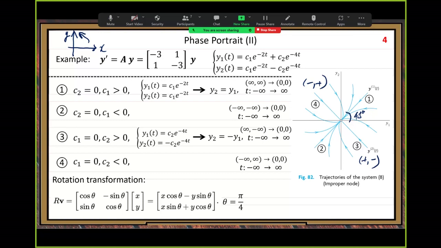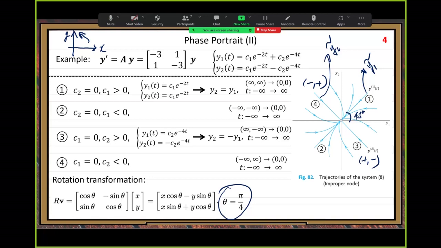Here you can see this line is the y1 tilde axis and this one is the y2 tilde axis. So we do the rotation. The rotation angle theta equals pi over 4, 45 degrees.